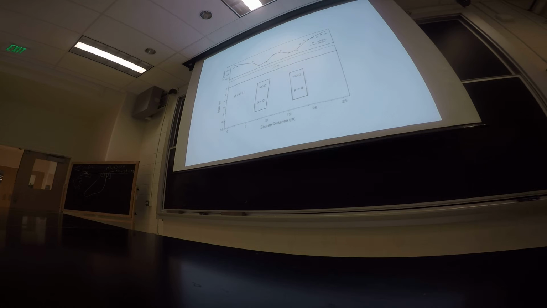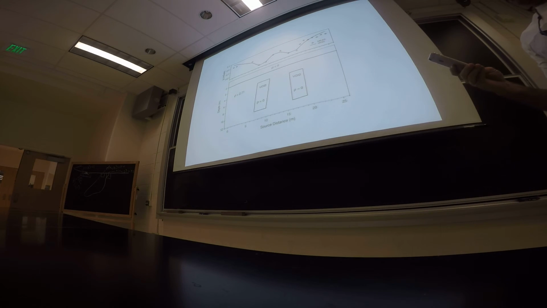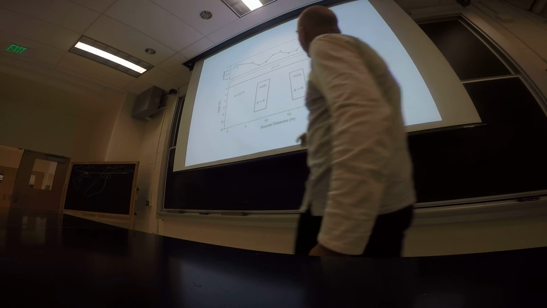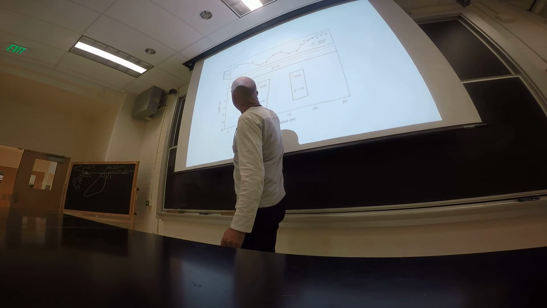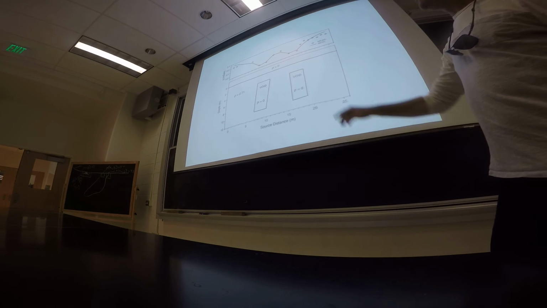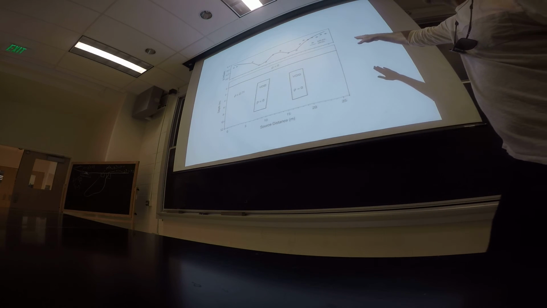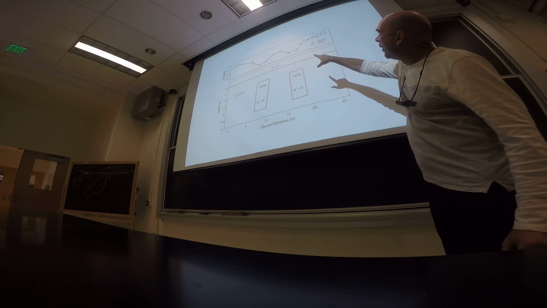Okay, here's an example of a more micro gravity survey. So here you have two voids with 0 density, and you have maybe granite, 2.71 density around it. And you're running a survey across the voids.